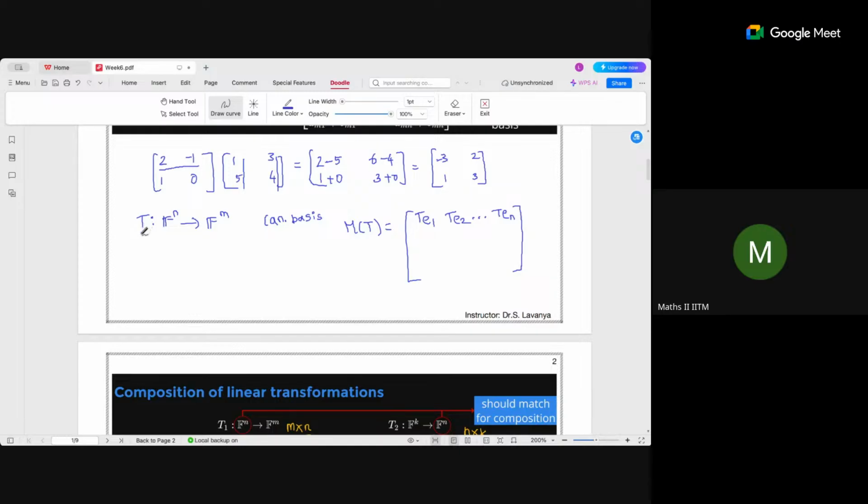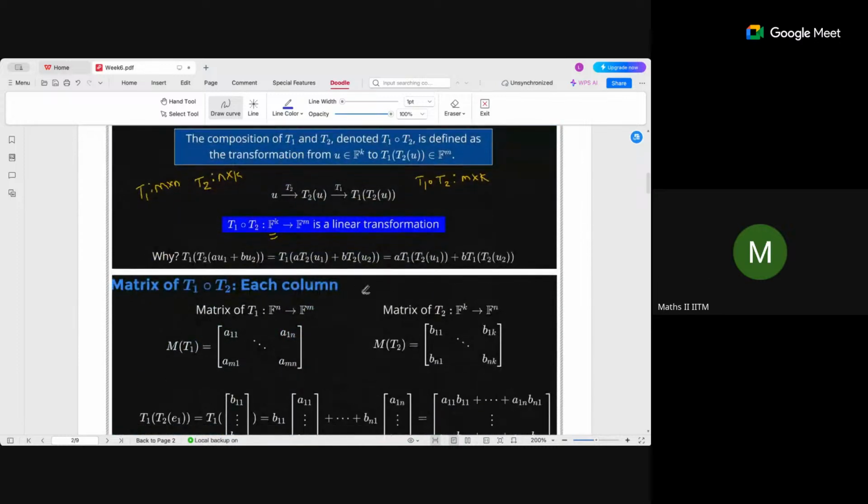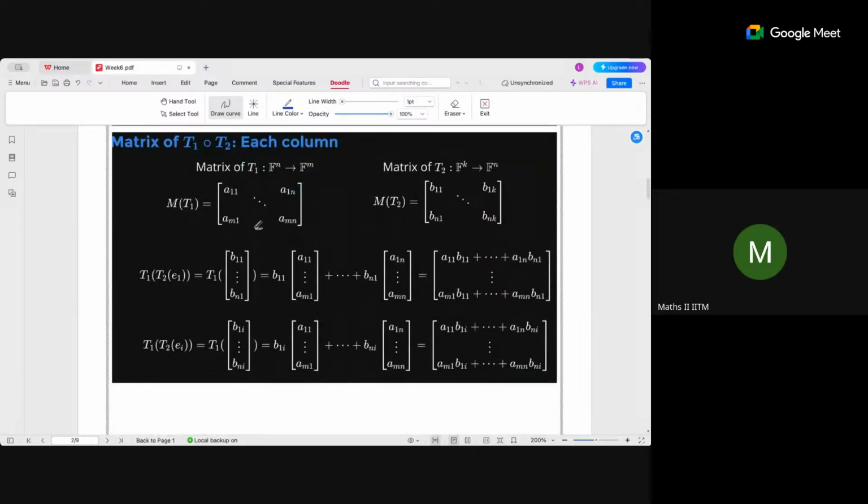Now, in place of T, we are having T1 composition T2. So the process is going to be exactly the same. We know what is M of T1, what is M of T2. Now we want to find M of T1 composition T2.